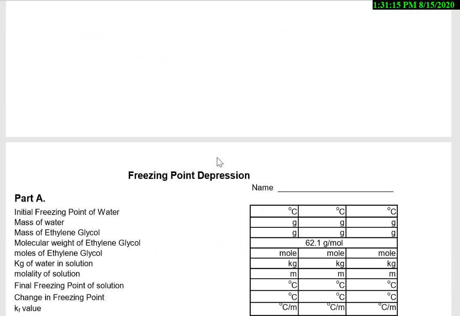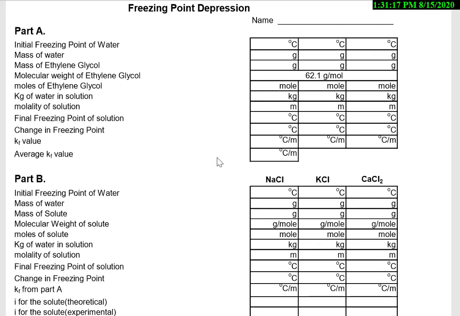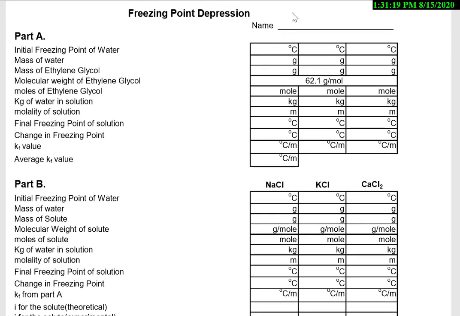I'll go down here and run through the data page. So you are given all of this data that you'll use to then calculate all of the missing boxes. For part A, the whole point is to solve for the Kf value of ethylene glycol.